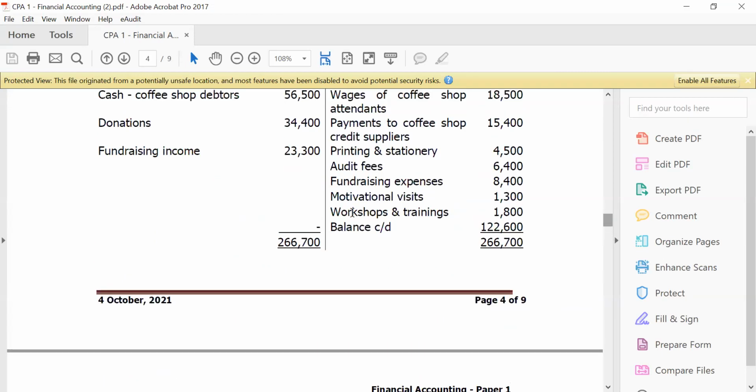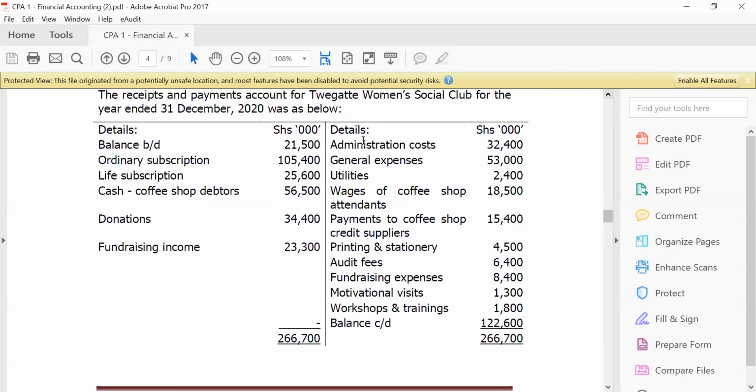So what we are going to basically do is, we have these different expenses that we are going to distribute. So I'll first pick those expenses that I don't have to distribute. For example, wages of coffee shop is a direct expense for the coffee shop alone.